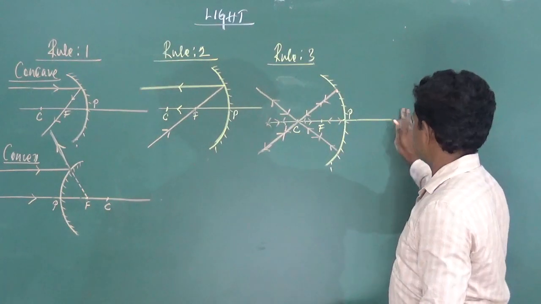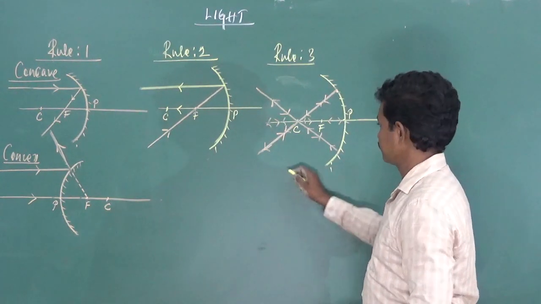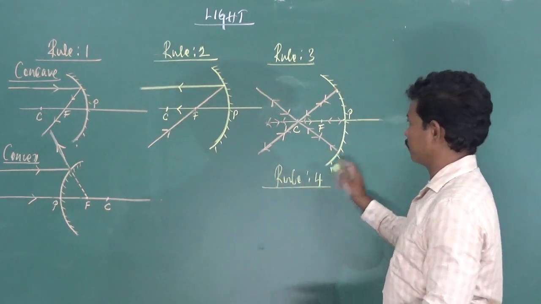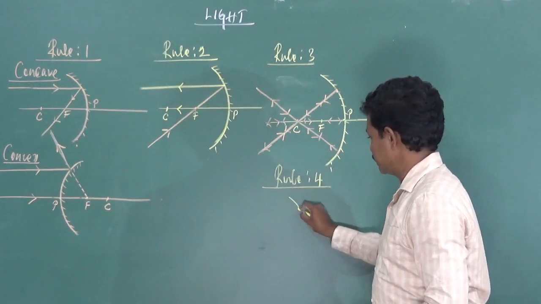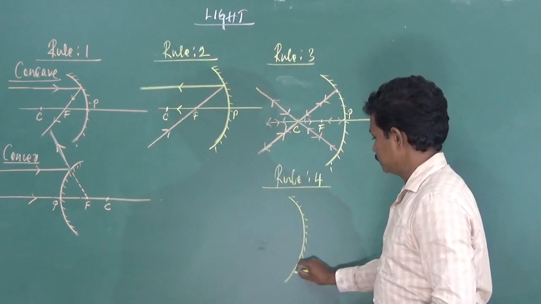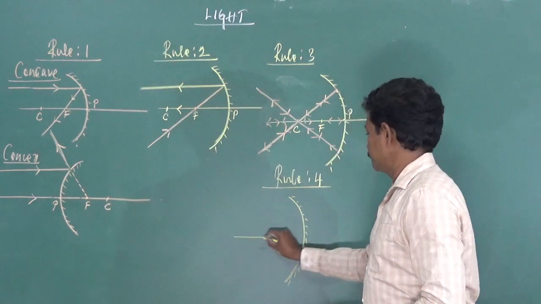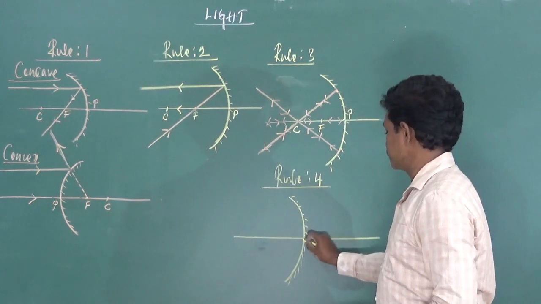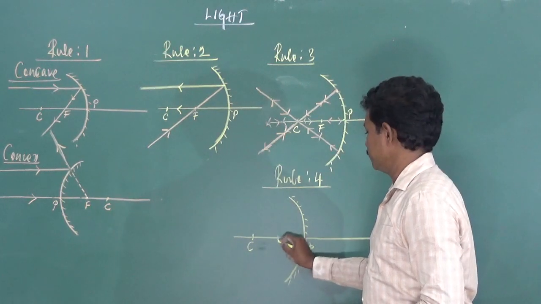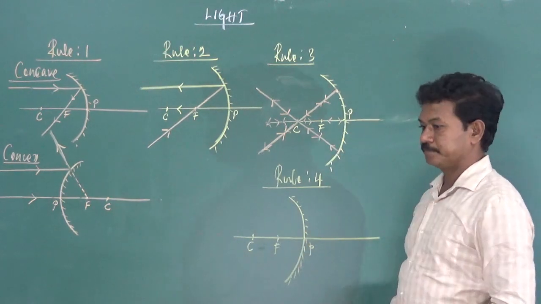Next we will go with rule 4. Rule 4, very important. So let us imagine a concave mirror. This is the principal axis, this is the pole of the mirror, this is the center of curvature, and the midpoint is the principal focus.